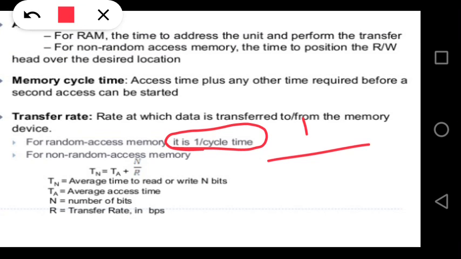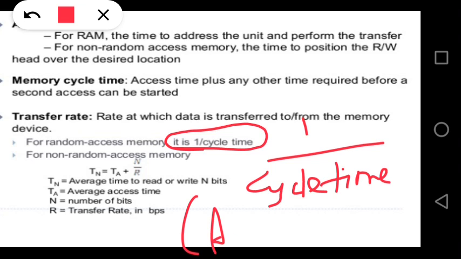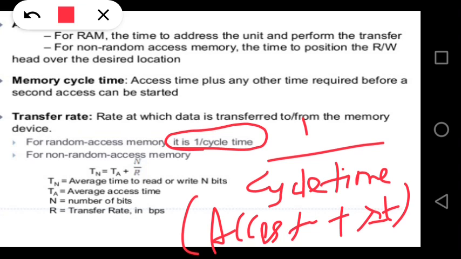Remember, cycle time is nothing but access time plus some extra time required to perform some internal organization. So this is the definition of data transfer rate for main memory elements such as registers, cache, and main memory. And the data transfer rate definition for secondary memory devices such as magnetic disk, magnetic tape or optical disk is slightly different.